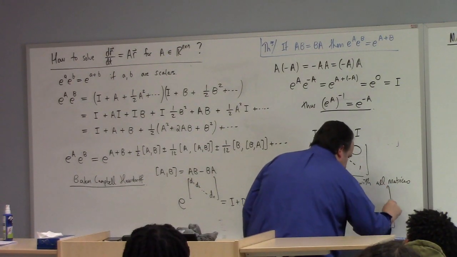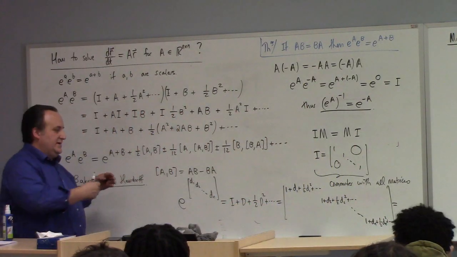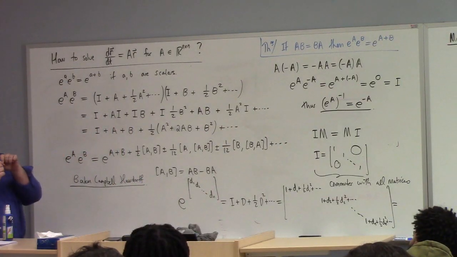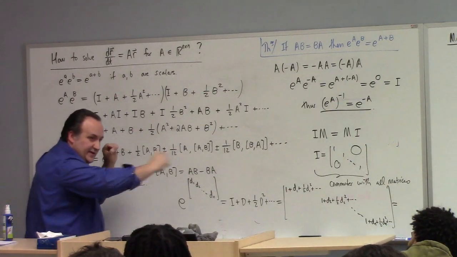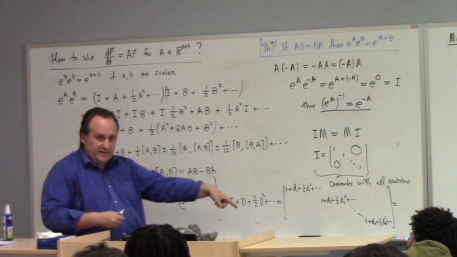I don't know if you can recognize what we're looking at here, but when you exponentiate a diagonal matrix, you get a diagonal matrix where on the diagonal you have the Maclaurin expansion for the regular exponential function in each spot. This is e to the d1, e to the d2, and so forth.